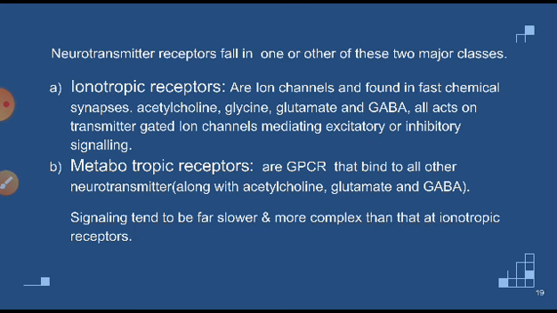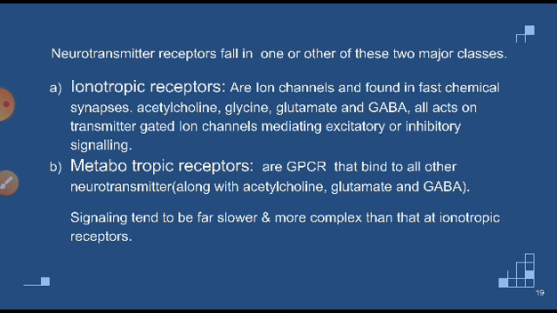One is called ionotropic receptors, and these are ion channels, as I have given you, found in fast chemical synapses. Acetylcholine, glycine, glutamate, GABA all act on the transmitter gated ion channels, mediating excitatory or inhibitory signaling, right? So either they will produce excitatory signals or they produce inhibitory signals, right?